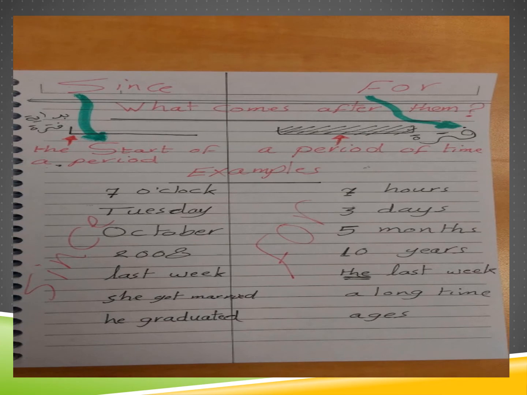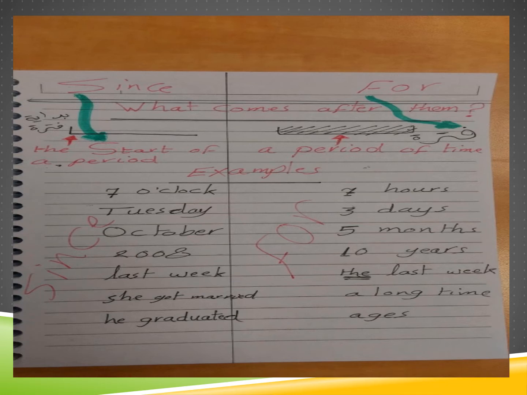Welcome to this video, which is the fourth video, but it's the third grammar video, in which I'm going to differentiate between since and for. We said before that since and for are keywords for the present perfect or the present perfect continuous or progressive.